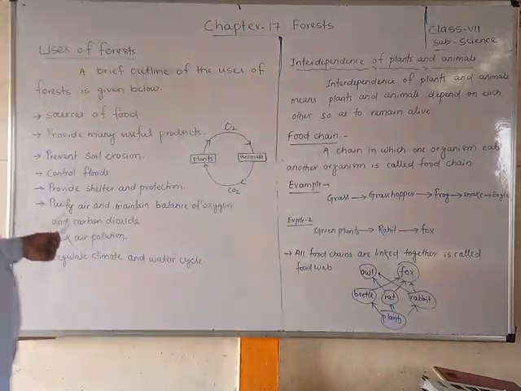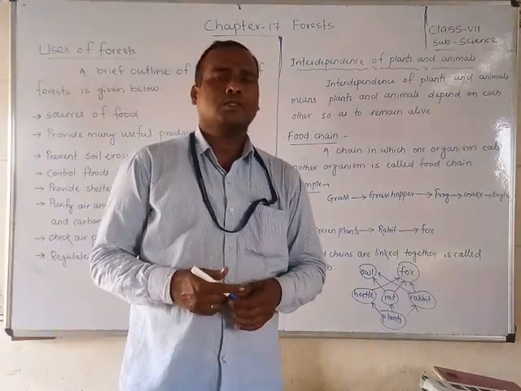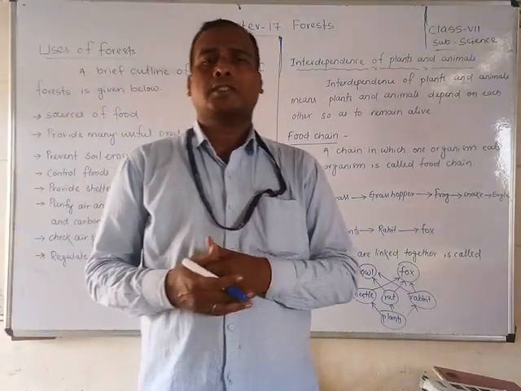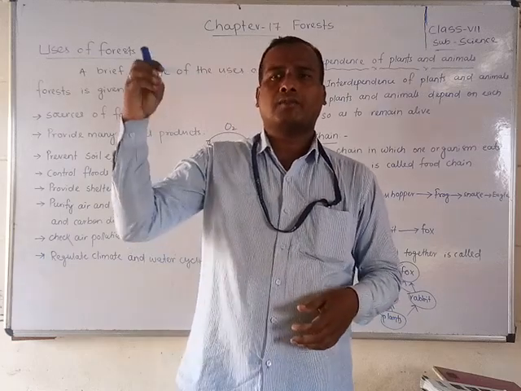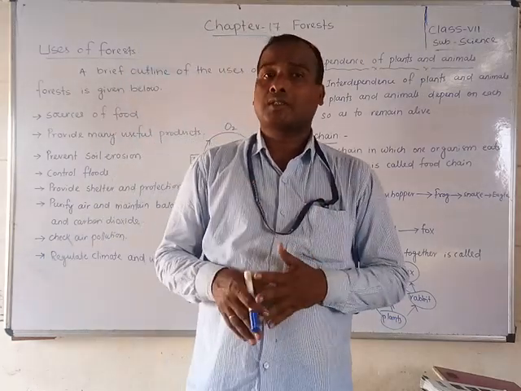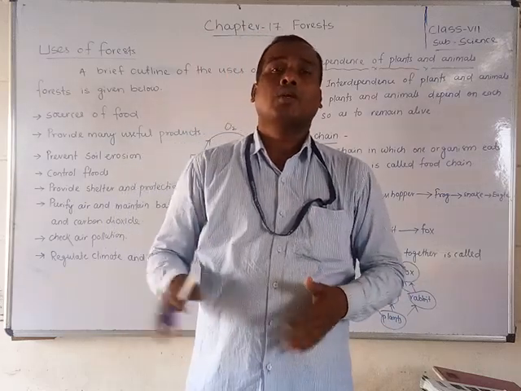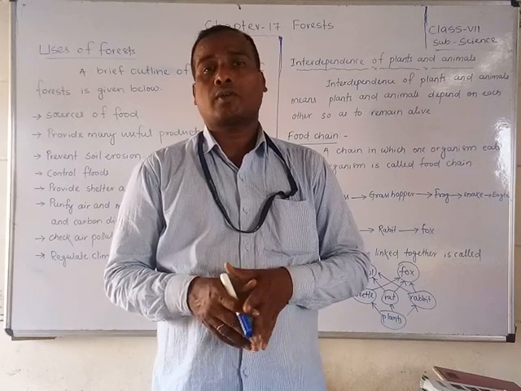Second thing, students, prevent soil erosion. It is a very important factor here. Whenever the rainy season comes, the rain water falls directly on the surface. If there are no plants, the upper layer of the soil will go away and soil erosion will happen.